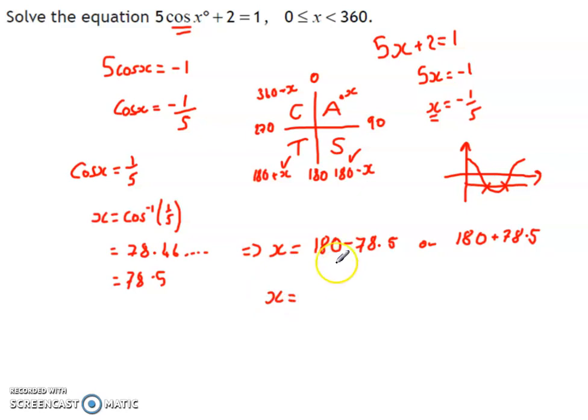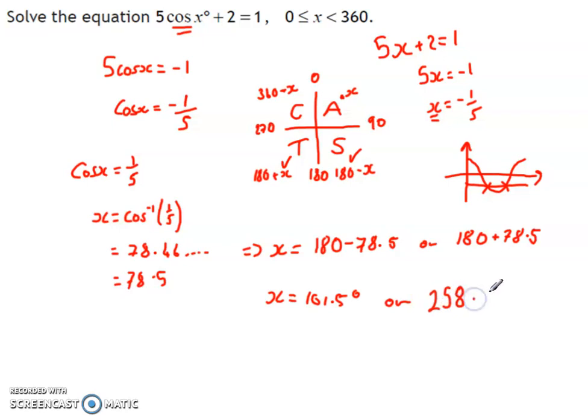So what I can then safely say is x equals 101.5 degrees, or 180 plus 78.5 degrees, which will give me 258.5 degrees. So there we go. I've got my two solutions there. I've got one solution at 101.5 degrees and another solution at 258.5 degrees.